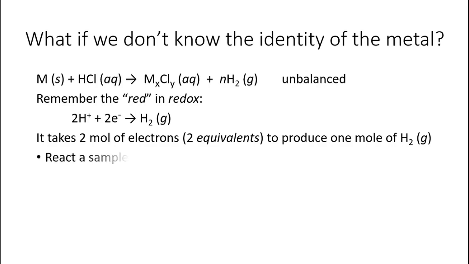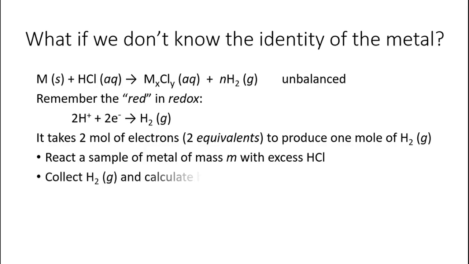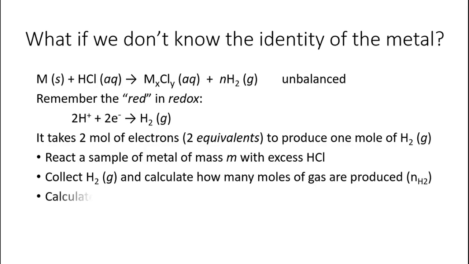So here is our strategy. We react a sample of metal of a given mass M with excess hydrochloric acid. We then collect the hydrogen gas and we calculate how many moles of gas were produced. Let's call this N. And now we can calculate what is the equivalent mass of the metal.